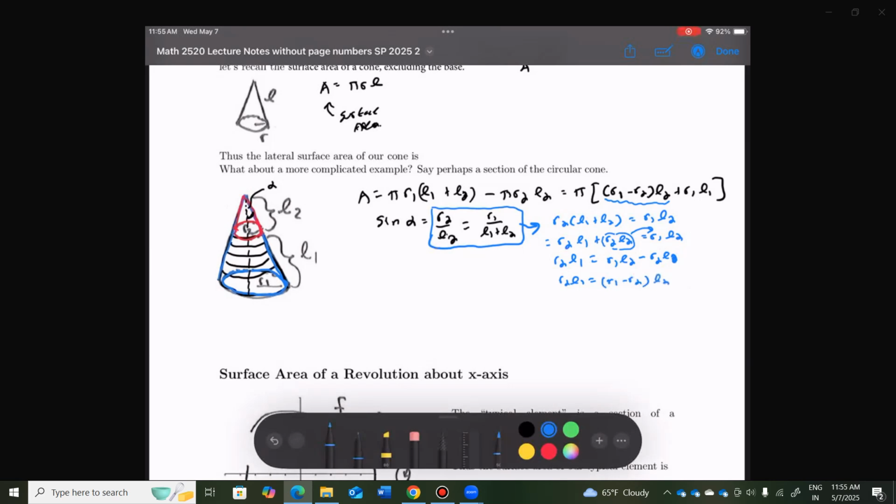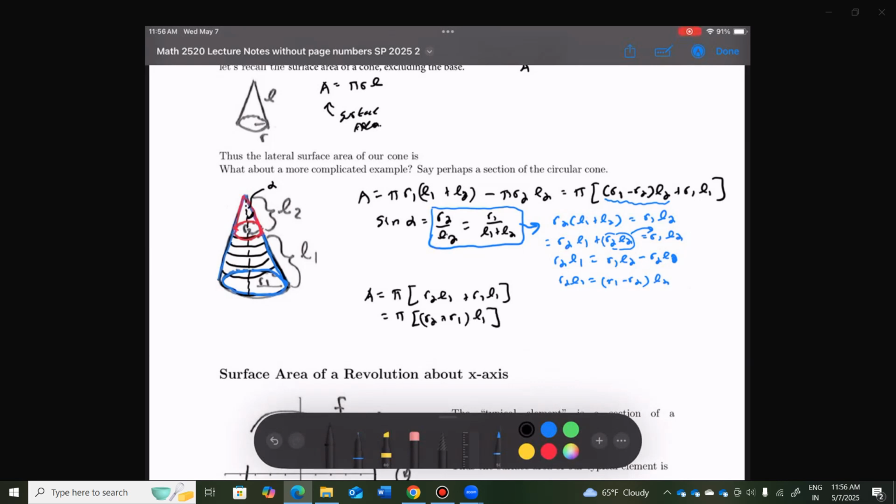And so then this area will become pi, and then that part we're substituting out is just r2 L1 plus r1 L1. That should be a plus sign, okay. So I question myself. (r2 plus r1) L1.